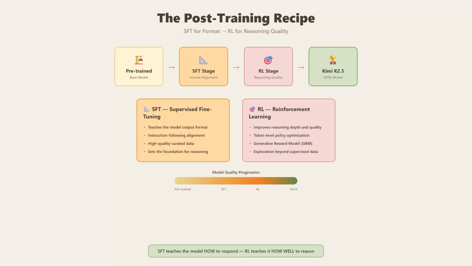You can actually watch the quality progression go from a pre-trained baseline through SFT, where it gets properly formatted, and then through RL, where the actual reasoning ability jumps dramatically. SFT teaches the model how to respond. RL teaches it how well to reason.